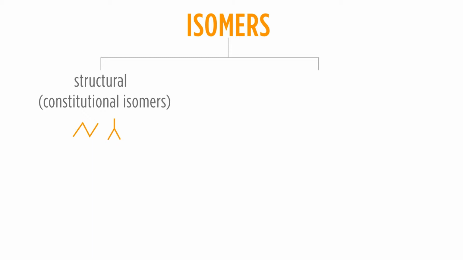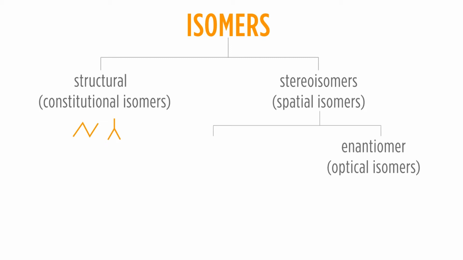If we had those same 4 carbons, but now we have 3 carbons in a straight chain and 1 carbon attached to the middle, the connections between the atoms are not the same. These are constitutional isomers. With stereoisomers, those where we have different spatial arrangements but the same connections between atoms, we have enantiomers, which are optical isomers, and diastereomers.